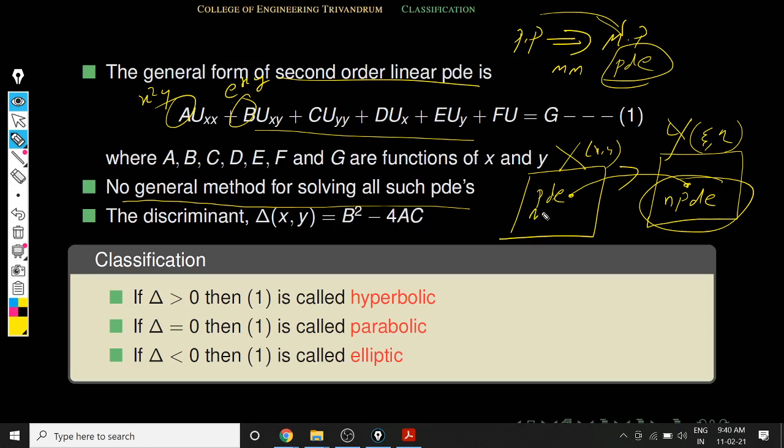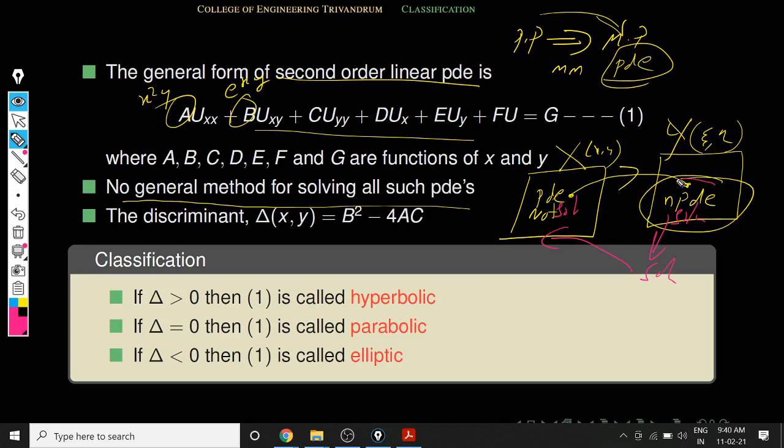Suppose this PDE is not solvable, maybe the equivalent PDE in the other two variables psi and eta may be solvable. Then we find the solution of this PDE. Then using this solution, we can find the solution of the original PDE. This is the rough idea of canonical form.